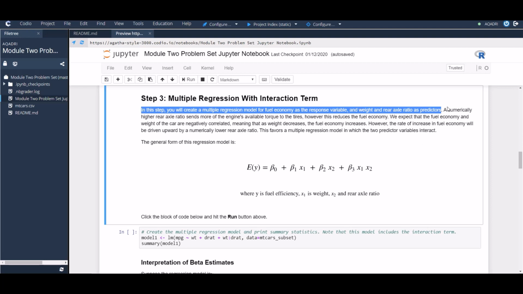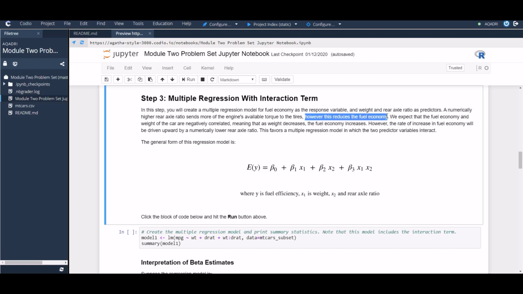Now let's see what else is given here. It says a numerically higher rear axle ratio, that's one of the predictors, sends more of the engine's available torque to the tires. However, this reduces the fuel economy. We expect that fuel economy and weight of the car are negatively correlated.